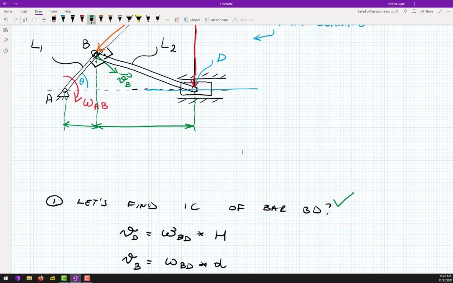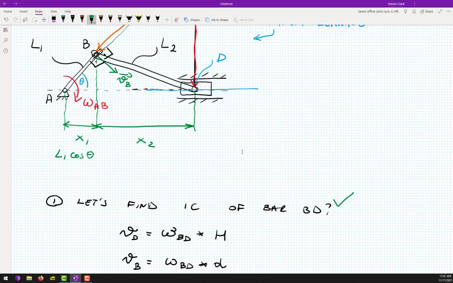Let's call this distance x1 and let's call this distance x2. Okay? So I believe that based on this blue triangle, I hope you can all see that, I can write that our x1 is equal to L1 cosine theta.